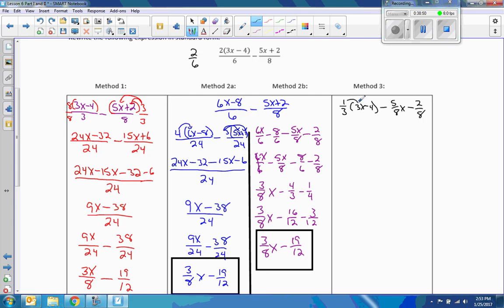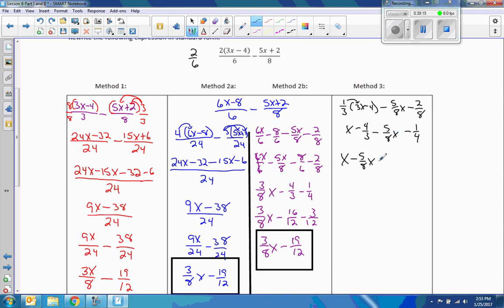Now that I do this, I distribute, and 1/3 times 3 is just simply x, and 1/3 times 4 is a minus 4/3, minus 5/8x minus 1/4. I just reduced 2/8. So x, now I'm going to rewrite this as x and minus 5/8x.